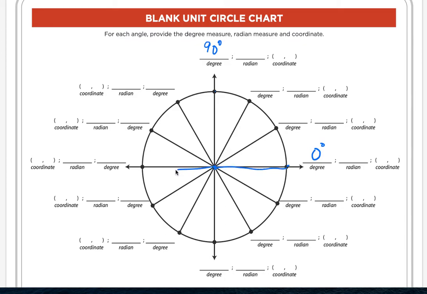So how far have I gone around now? Well, that's 180 degrees. And then if I keep going, down here, that's 270 degrees. I've gone another 90 degrees. And then I come back around, and that's going to be 0 and 360 degrees, which are in the same place.